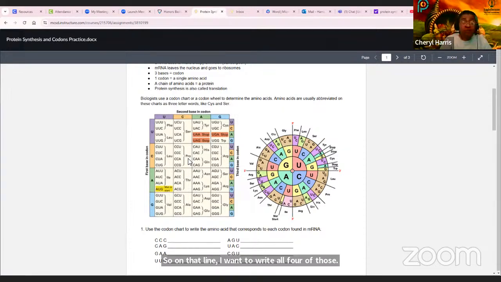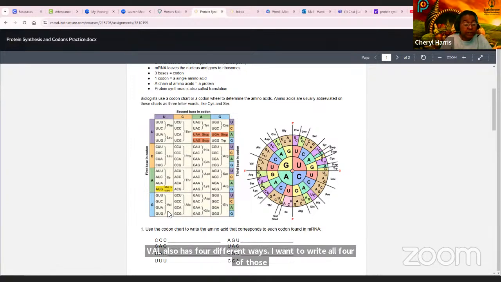All right, then we went to valine. So you want to find VAL. Valine is the first column, bottom box. And VAL also has 4 different ways. So I want to write all 4 of those codes because there's 4 different ways I can get the amino acid for valine.